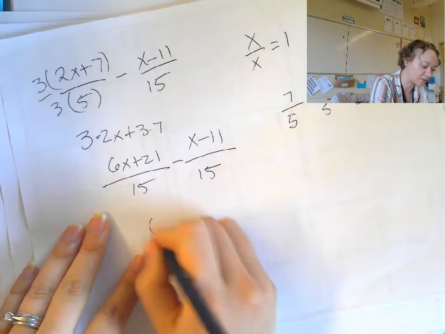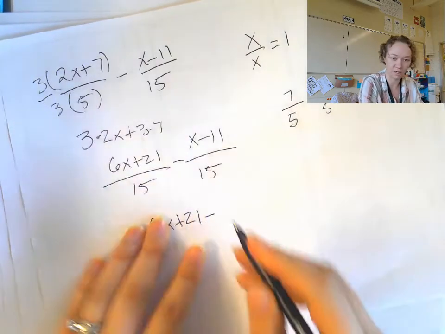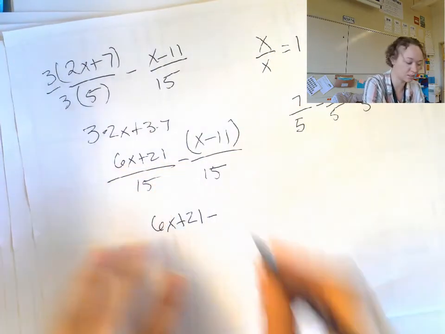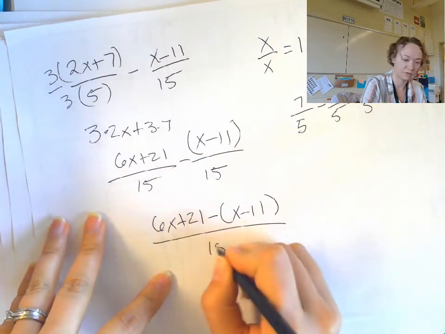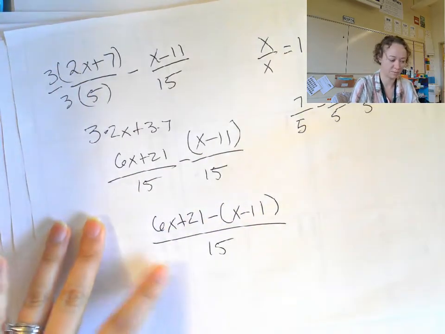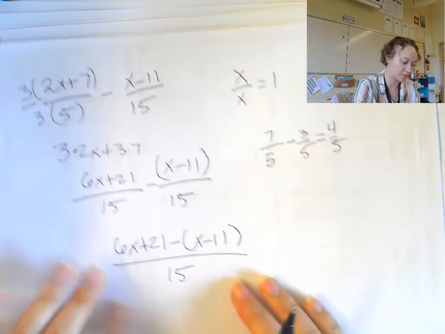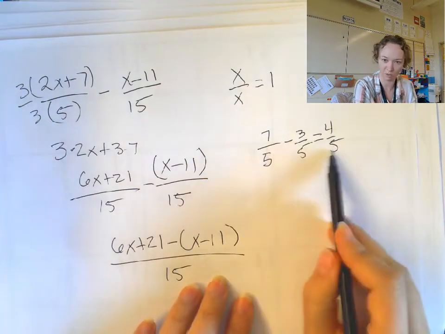So that'll give me 6x plus 21 minus, and then I'm subtracting all of this, so I have to think about it like it's in parentheses. So minus x minus 11 over 15, right? Because I just get to subtract the top and leave the bottom the same. I do not subtract those denominators, or you'll get a 0. That would not be the way math works.